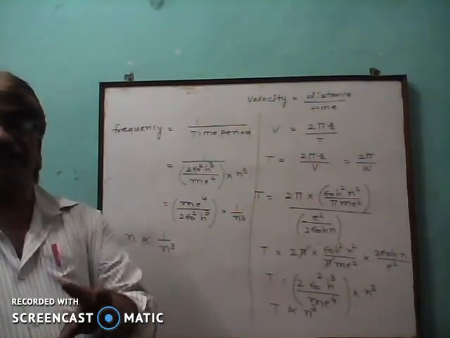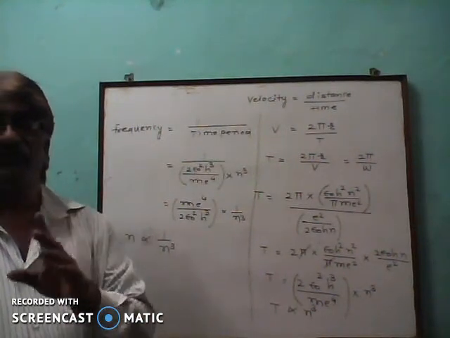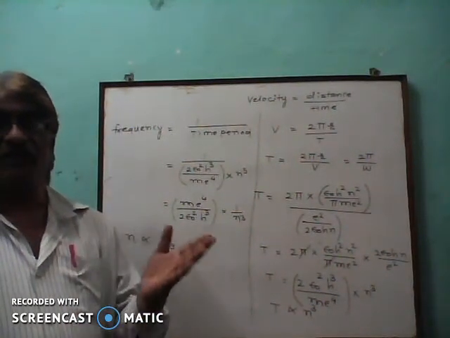Two important quantities are the radius of the circular orbit and the velocity of the electron.